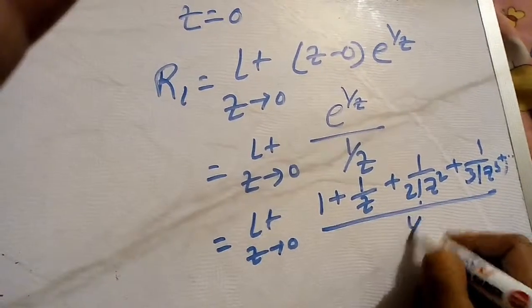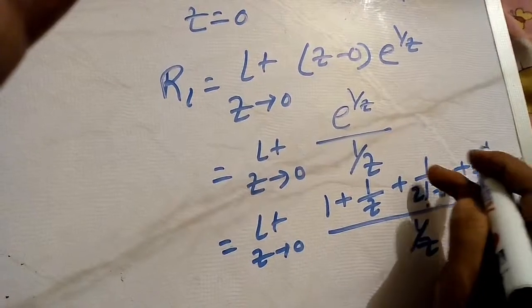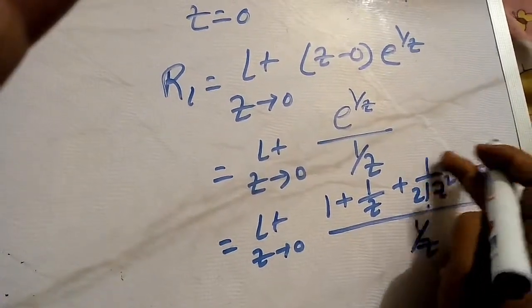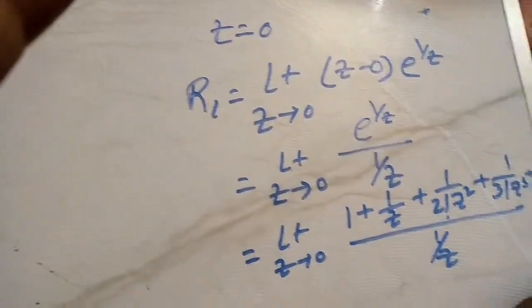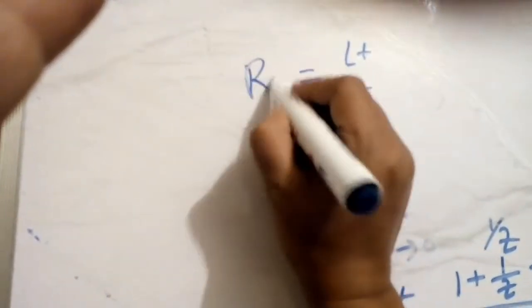These are very small terms, so we neglect them, and the expression becomes limit z tends to 0 of 1 plus 1 by z divided by 1 by z.